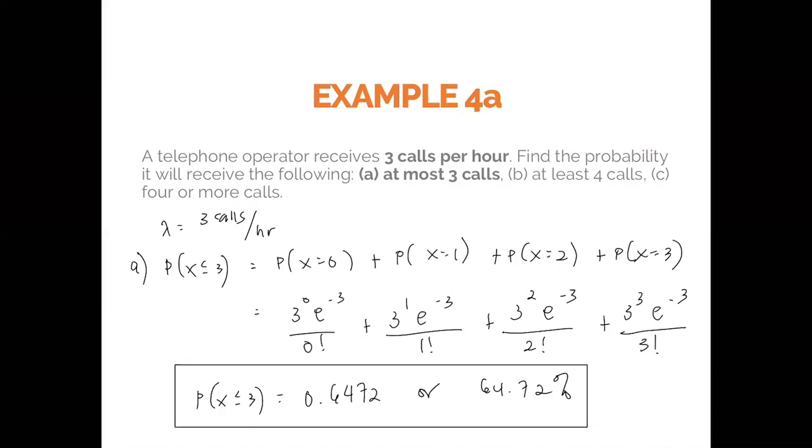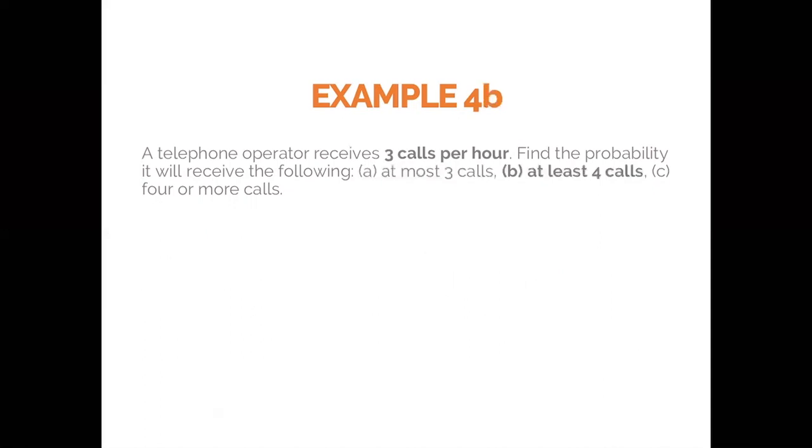Okay, next. Sa letter B natin is at least 4 calls. So, since Poisson distribution tayo, again, yung number ng x is wala siyang upper limit. So, pwede siya maging 4, 5, 6, 7, 8, 9, 10. Kung ilan man. Kung mo, 1,000 calls. So, hindi natin alam.